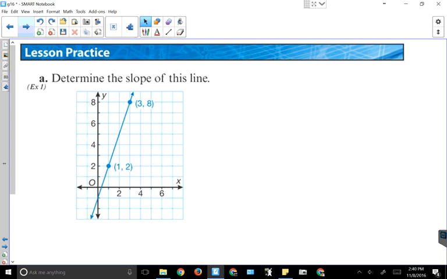Let's see who we can do. What do you believe the slope is for this particular line? Well, I got 2 points here. What could I do?